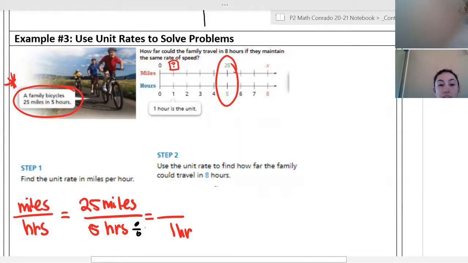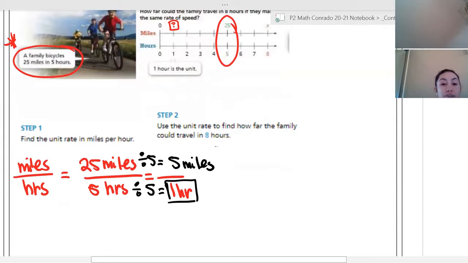So let's see, how do we get from 5 to 1? Well, we divide 5 by 5. So we take that and do the same thing on the top. Let's divide 25 miles by 5, and we get 5 miles. So for every 5 miles, it takes us 1 hour to bike.